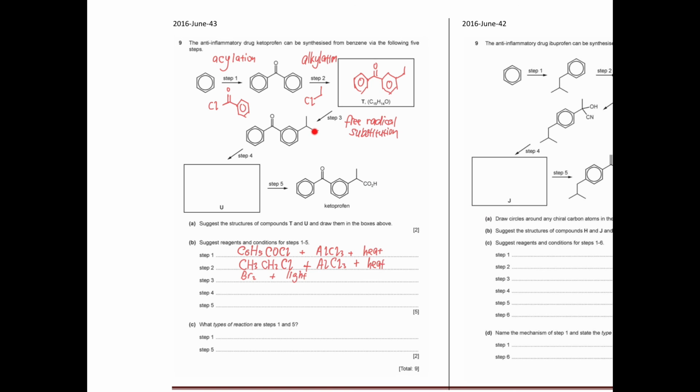That means you need to add 1 carbon here. That is your AS chemistry, the haloalkane. To add 1 carbon to this part, you have to put KCN in ethanol. So we have to put KCN plus heat in ethanol.